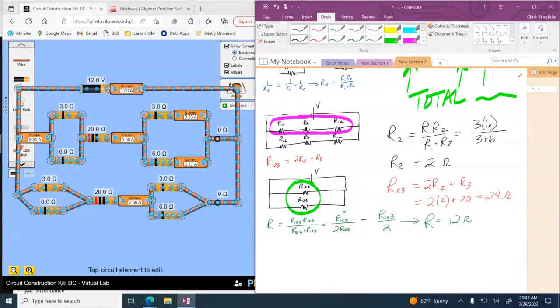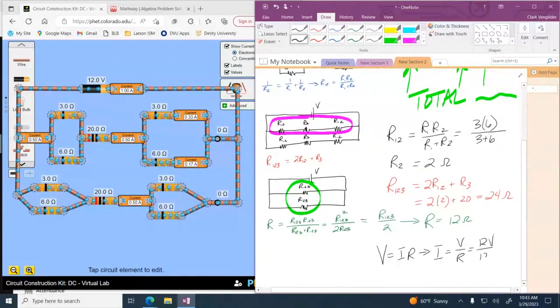And that means, since I know voltage and now the total resistance of the circuit, I can know the total amps of the circuit, which is very simple in this case. So V equals IR implies that I equals V over R, which is 12 volts over 12 ohms, which equals 1 amp, which is exactly what we have on screen here in the simulation for that circuit.